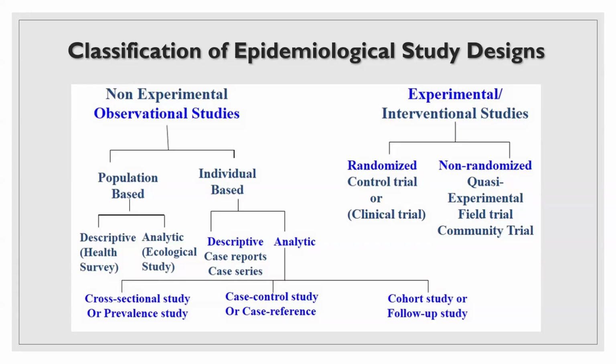The moment you say you're doing an experimental study, it means you will be providing one form of intervention or not. Either you are providing an intervention in terms of drug, or you're providing an intervention in terms of knowledge.